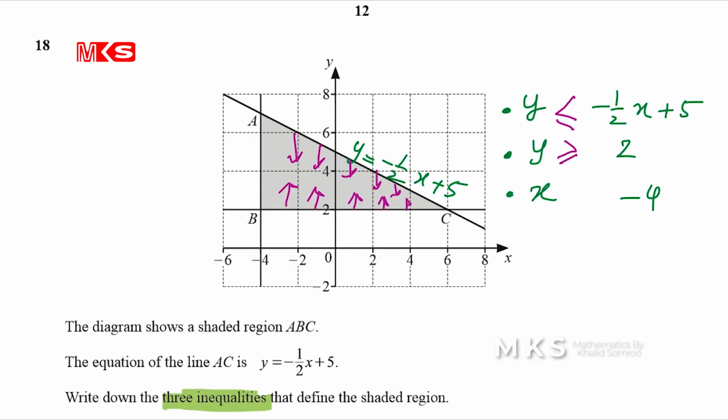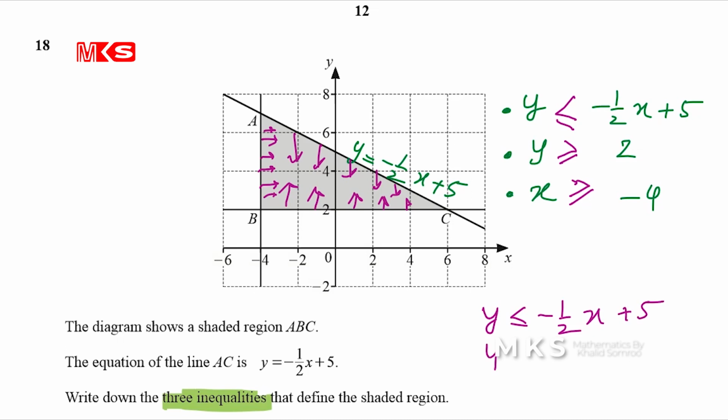And for the third line, the vertical line, the region is on the right of it. Right means x is increasing on the right. It will also be x is greater than or equal to -4. So these are the three inequalities. The first is y is less than or equal to -1/2 x plus 5.